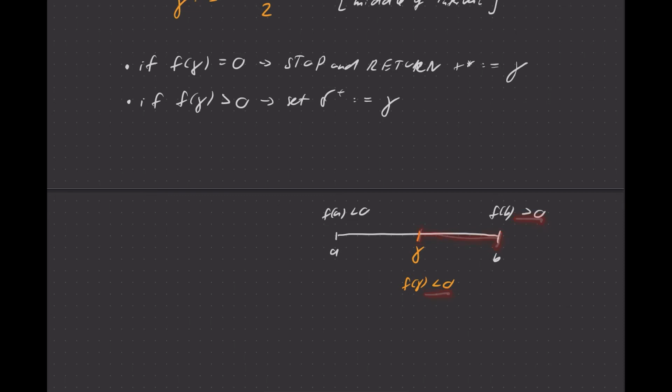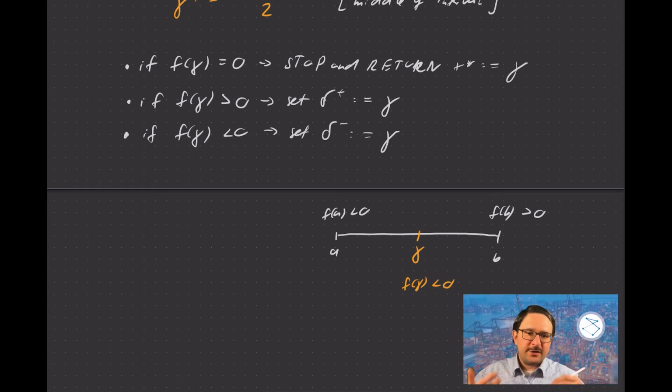So we just keep this half of the interval. And that means we have to change the left boundary of the interval. We keep the right boundary. So the third possible case, if f of gamma is negative, set delta minus to gamma. And then we continue with the next step.